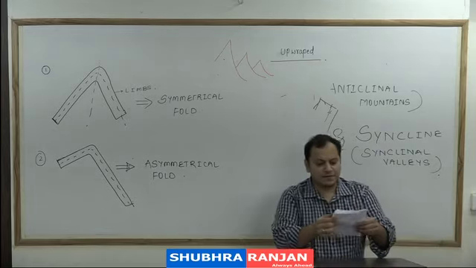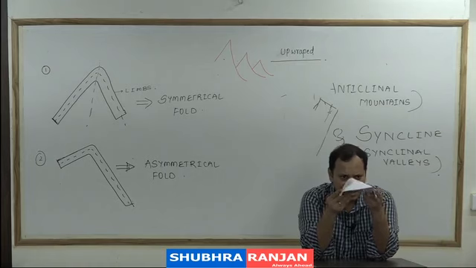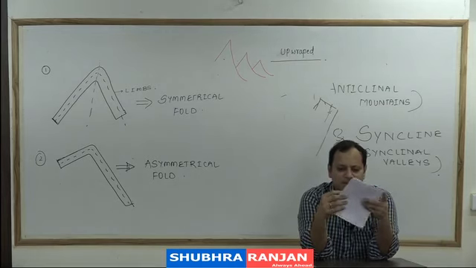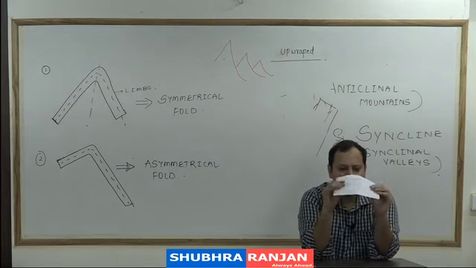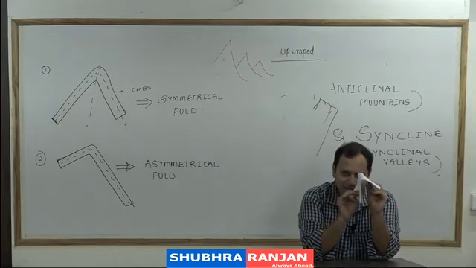That is, if this is our landform and if both the limbs are similarly inclined, it will become a symmetrical fold. If it is not similarly inclined, it will become an asymmetrical fold.